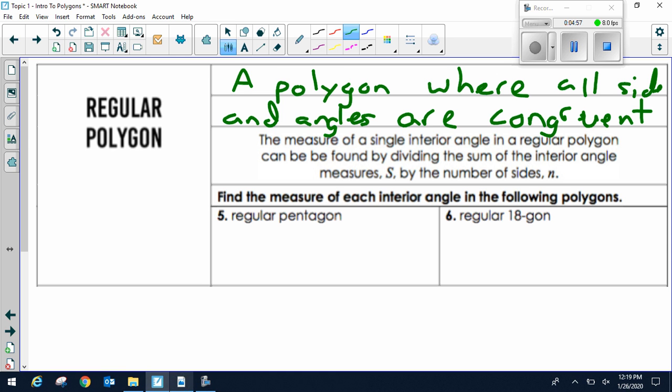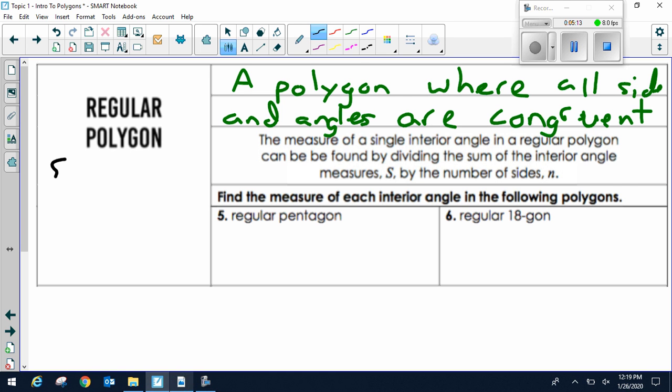And because all the sides and angles are congruent, we can figure out what each individual angle inside that figure is by taking the sum of all the interior angles, which is that formula.